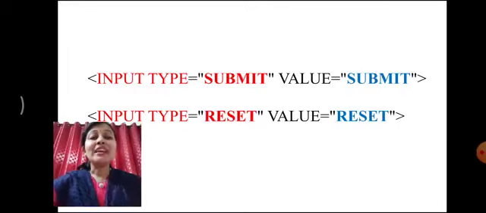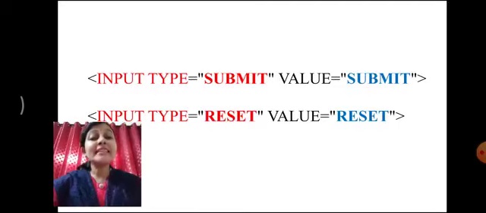So when the user clicks the submit button, the data in the form is processed and sent to the destination specified in the form tag, where we have put the destination.